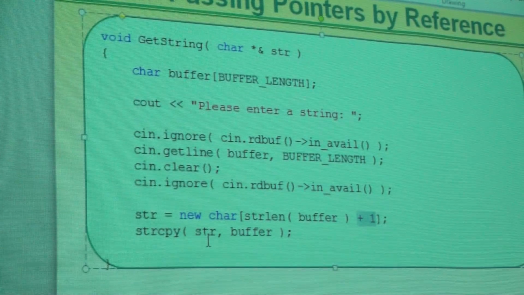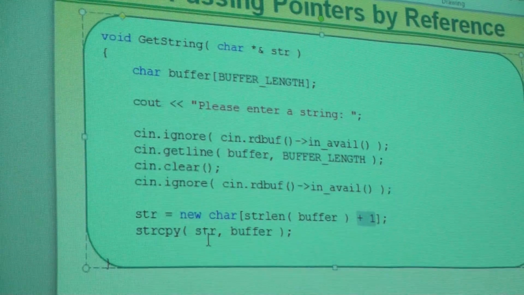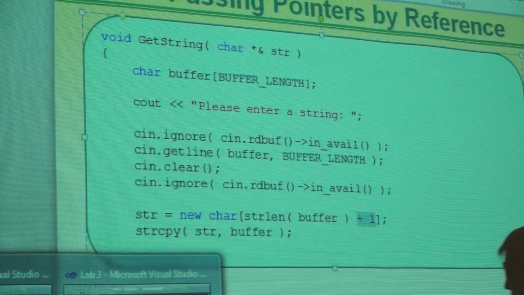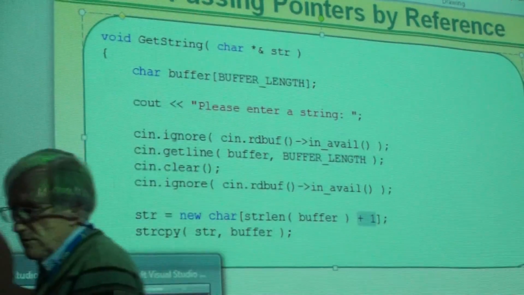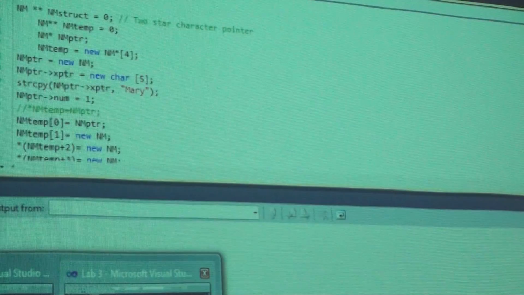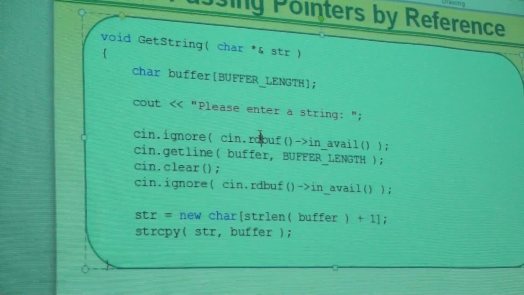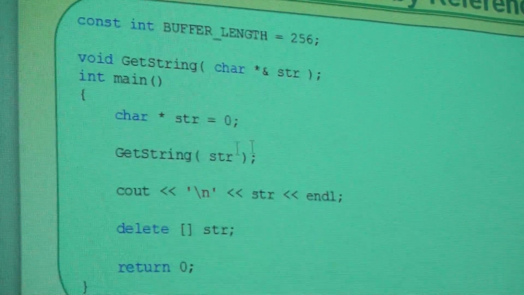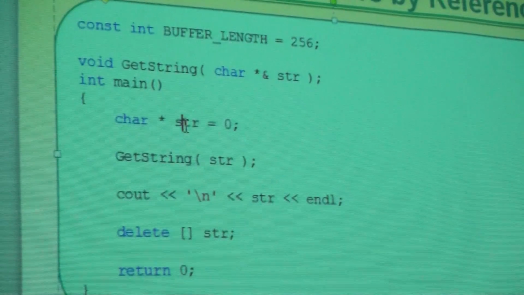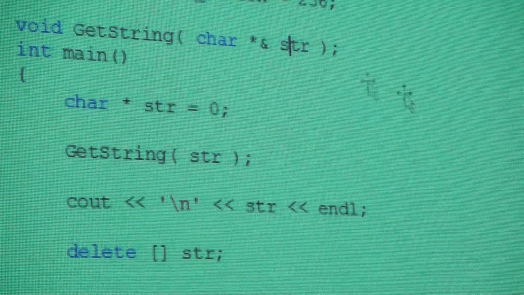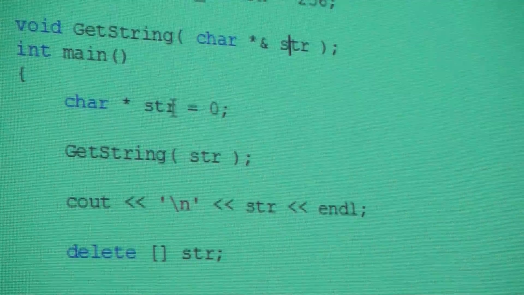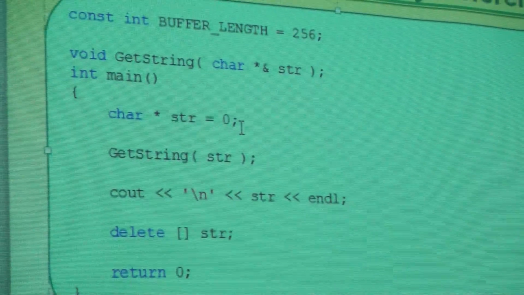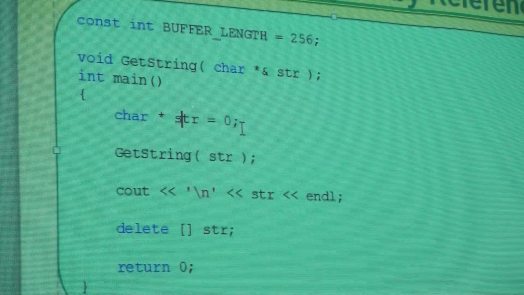It's actually a reference to the original variable, which is this one that we called here. Now, does anybody in here believe that str here and str there is one and the same variable? Anybody in here believe that?